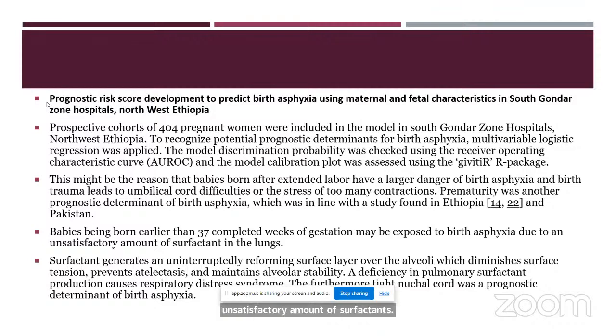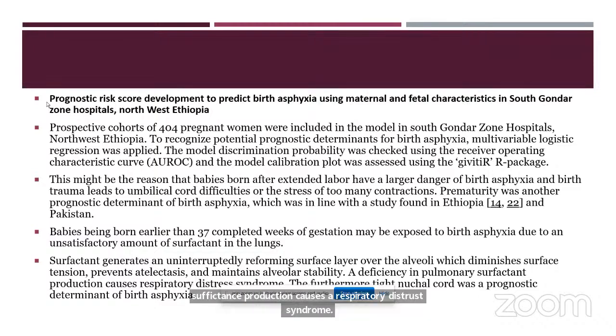Now, surfactants generate a continuously reforming surface layer over the alveoli, which diminishes the surface tension and maintains alveolar stability. Here, a deficiency in pulmonary surfactant production causes respiratory distress syndrome.